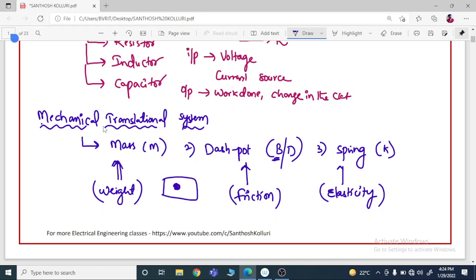B is nothing but a piston moving inside a viscous fluid. So this is my dashpot: the piston moving inside the viscous fluid is represented by the dashpot B.